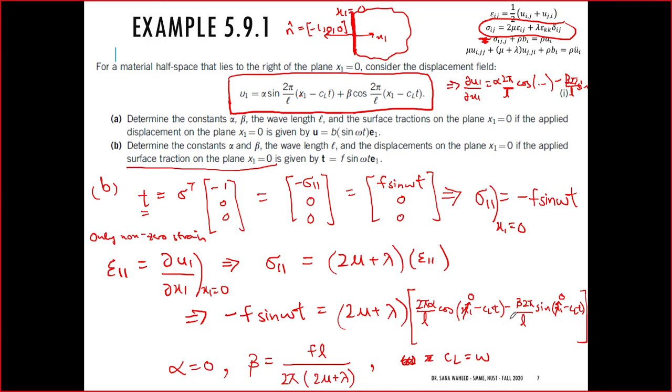Beta is equal to minus? You sure? Yes, minus FL over this. Let me think. But there's a minus right here. So minus and the minus should cancel out. No? Ma'am, there's a minus for the sine as well. Sine minus CLT.